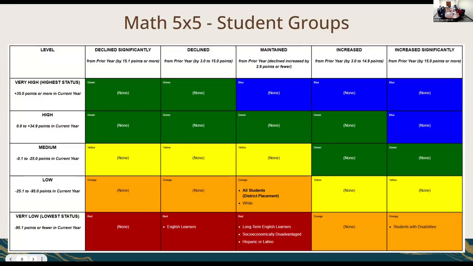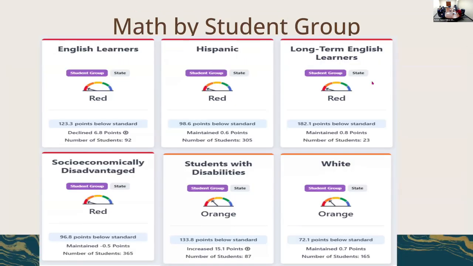This is the slide you like better. It's a little easier to understand. So this shows our math by student groups. So we did have a decline for our English learners in math. And again, another thing that happens is when kids are working on their language acquisition or they're working on ELA, sometimes you see a slip in another subject area because they're really working on that subject.